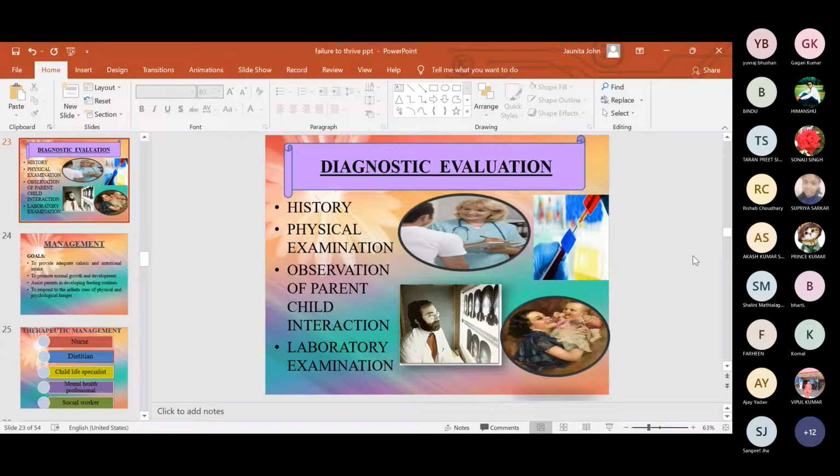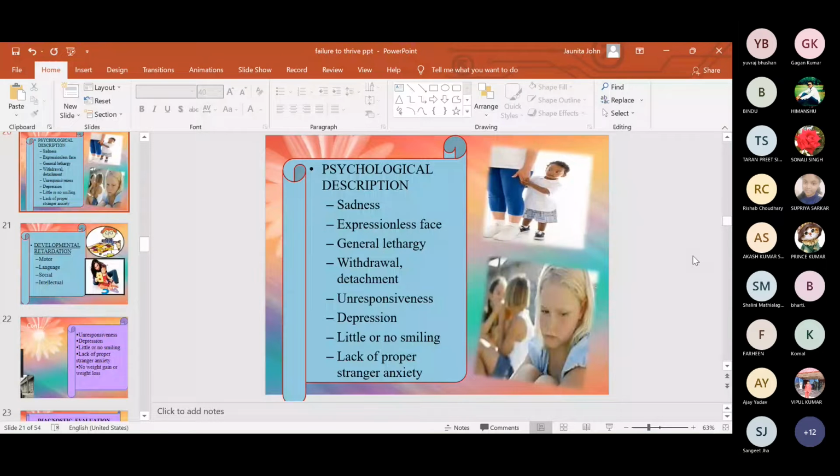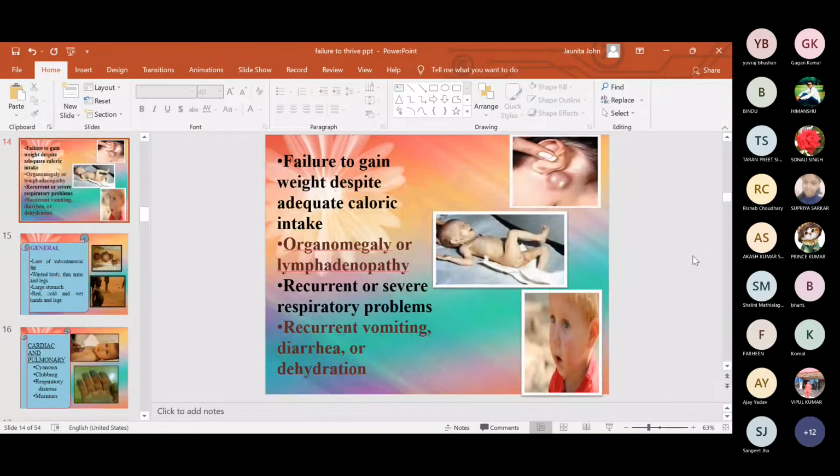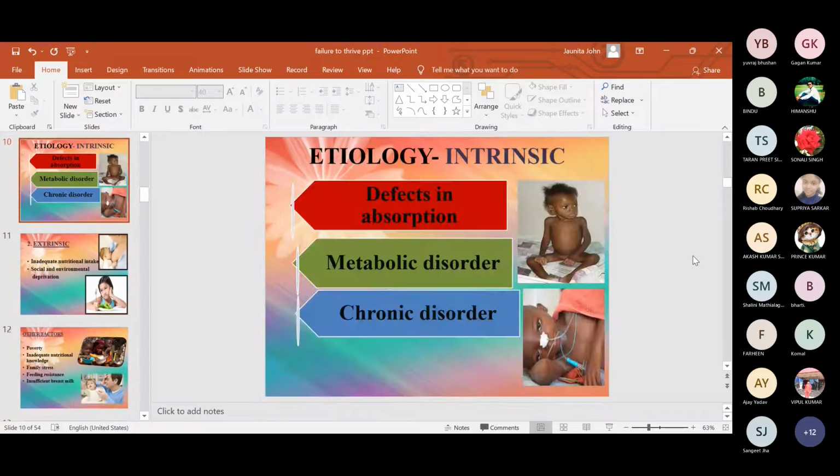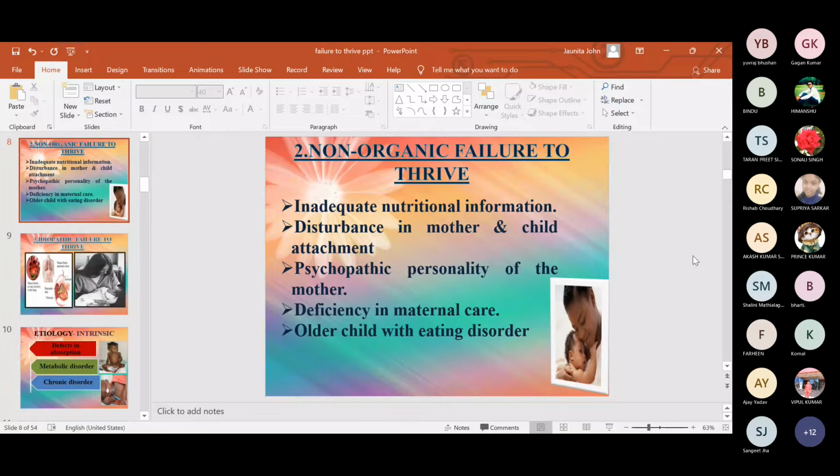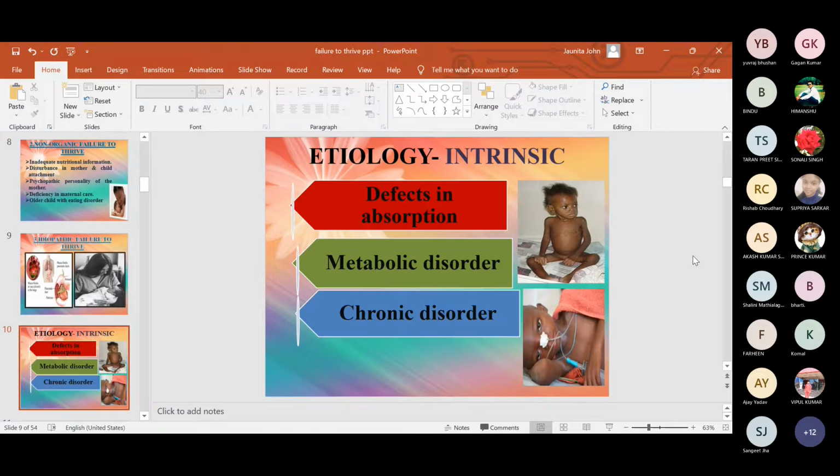Then observation of parent and child in interaction. You will be showing the babies with the pictures, whether the baby and the mother have this non-organic failure to thrive. In this we look at disturbances in the mother and child attachment as well as psychopathic personality of the mother. So it is related with this. Understood?